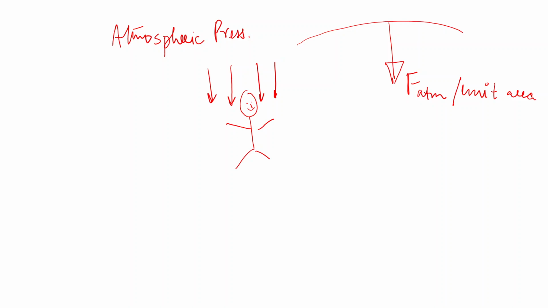So how do we counter this atmospheric pressure? The blood pressure. The blood pressure of a human body is the same as that of the atmospheric pressure. That is why we are able to withstand the atmospheric pressure.